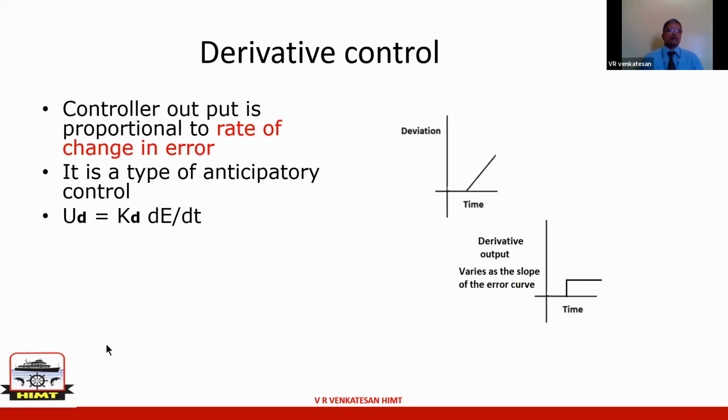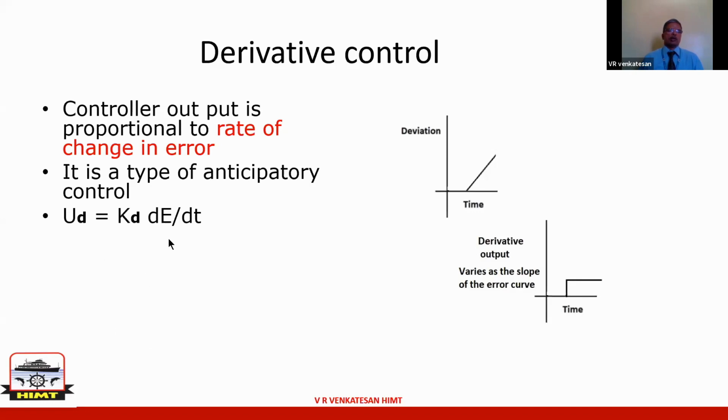This is the formula. UD means output of the derivative control. KD is derivative gain. And dE by dt is rate of change in error.